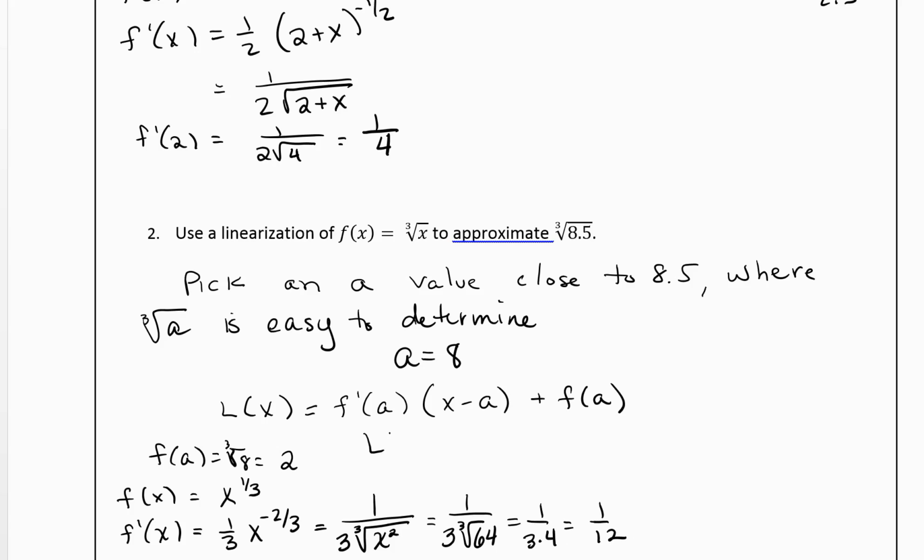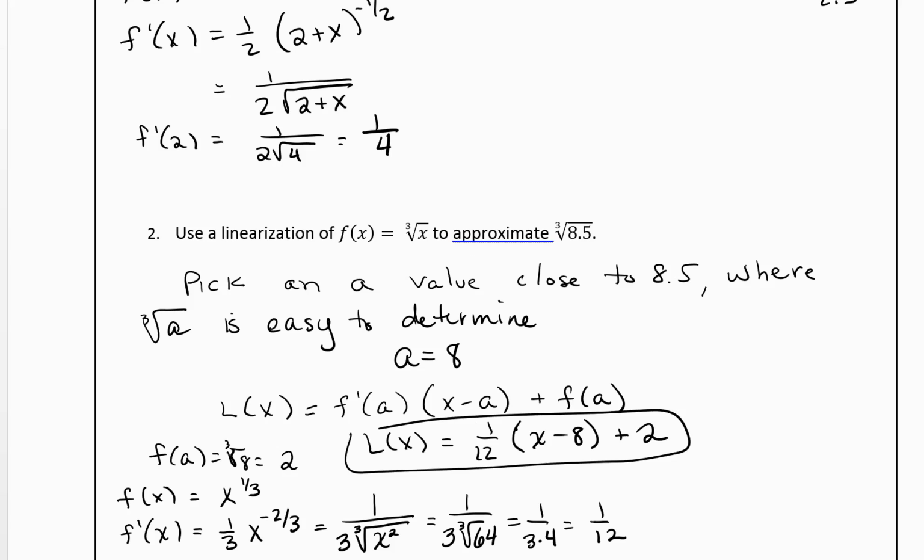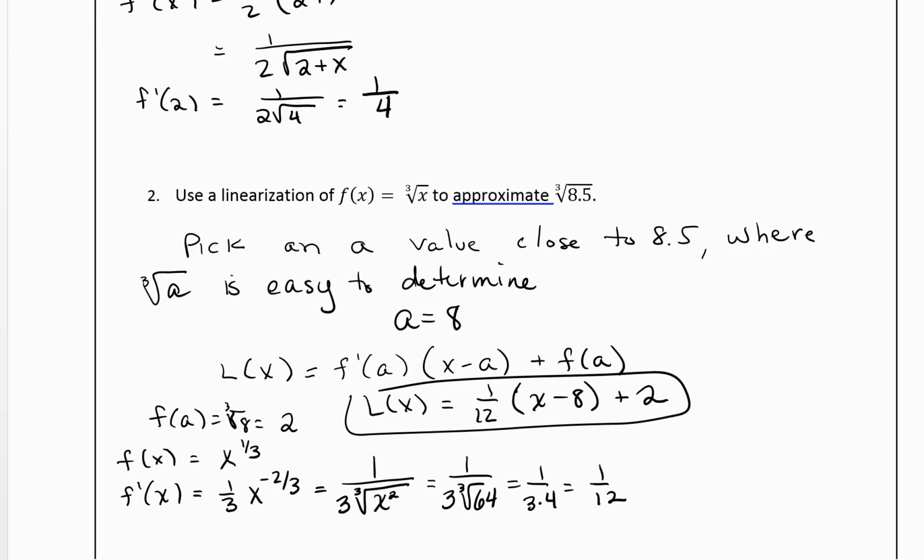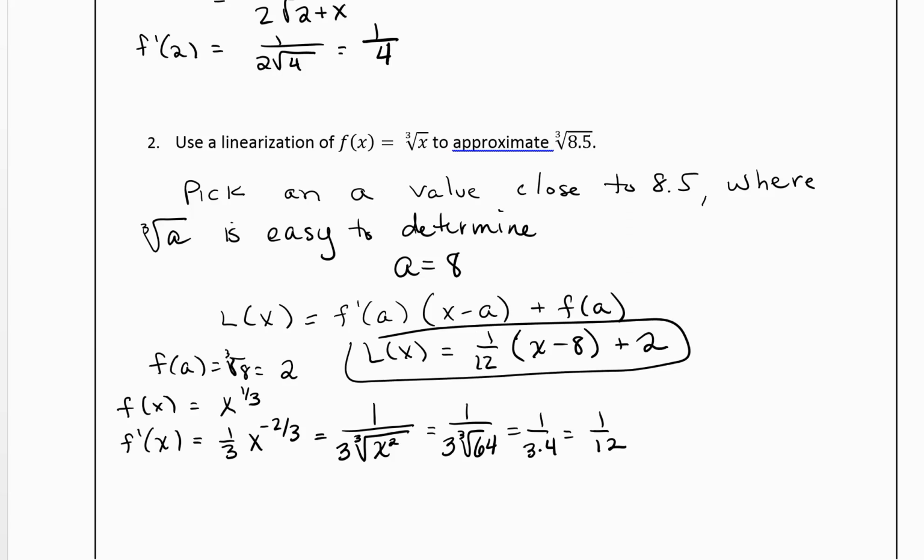So here we know our L of x is equal to 1/12 times x minus 8 plus our f of 8, which was 2. Okay, so that's the first part. And now we want to approximate the cube root of 8.5.